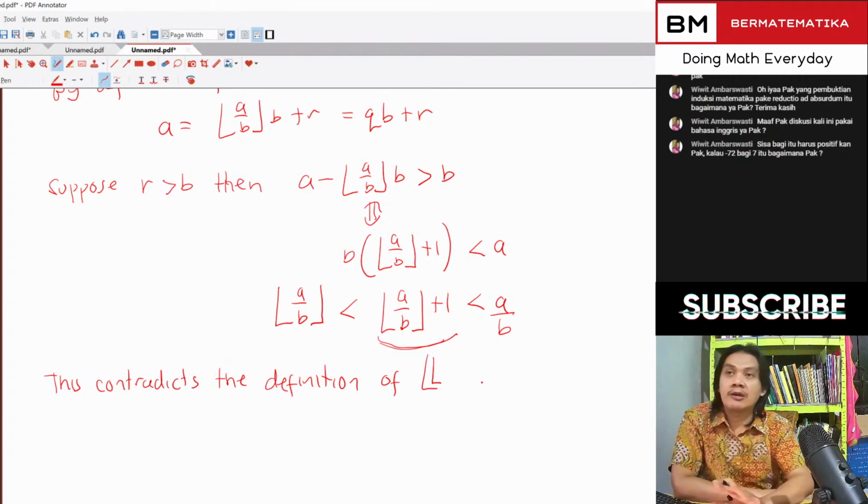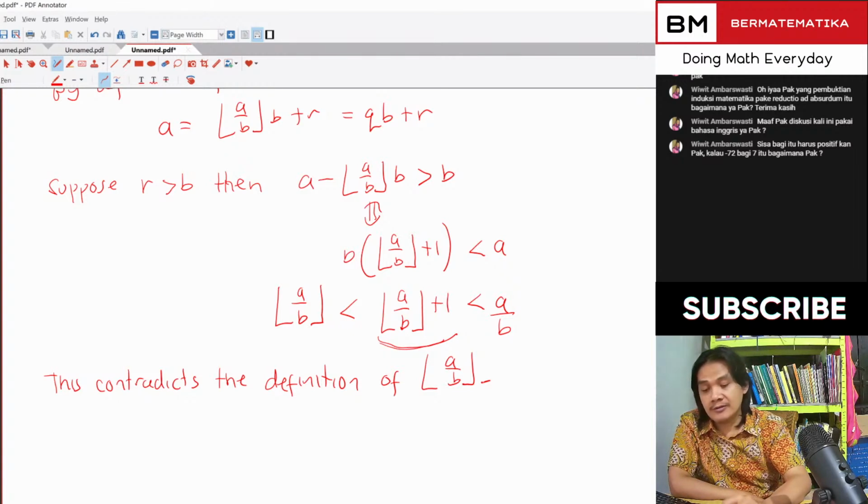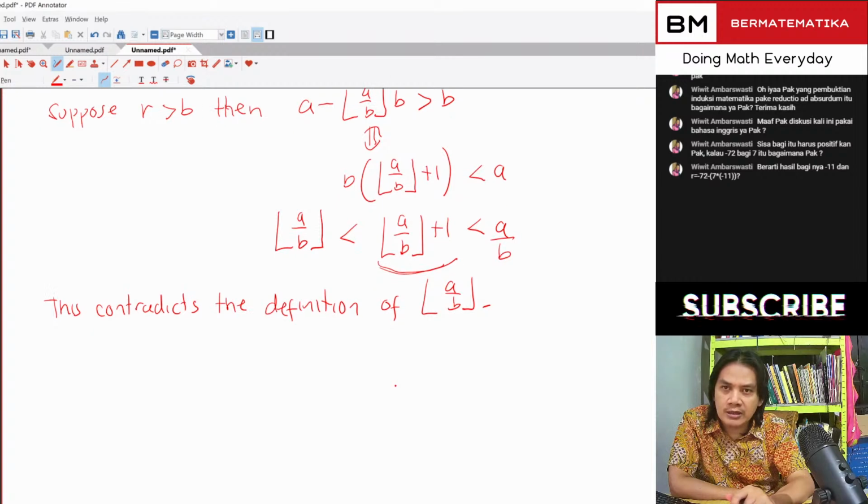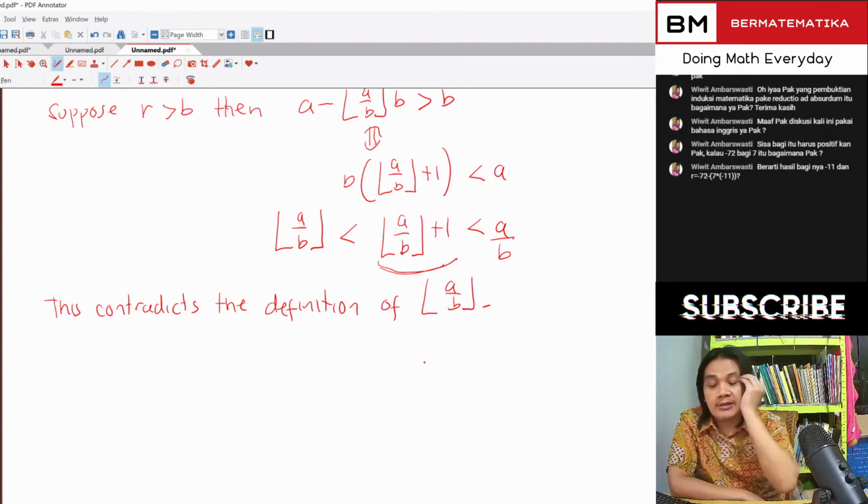Okay, so at least we showed the existence of q and r, right? And we need to prove the uniqueness, but I will leave the uniqueness to you.